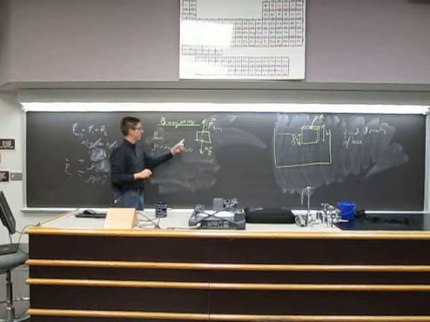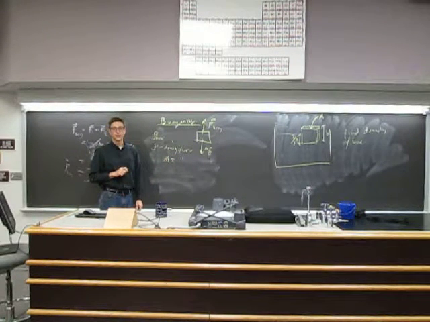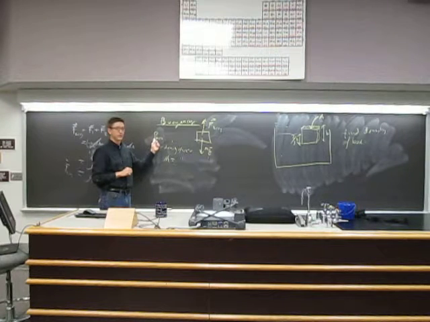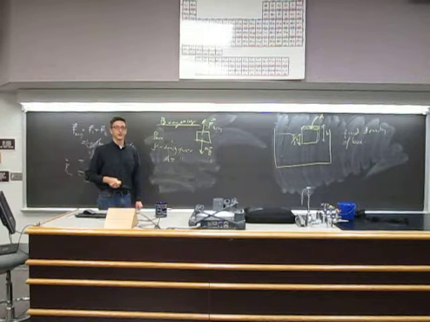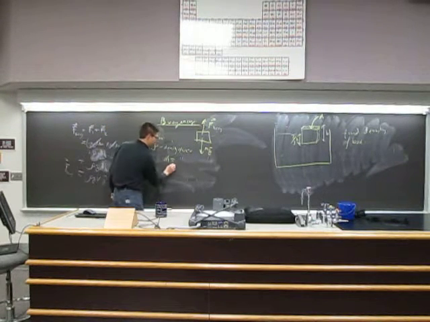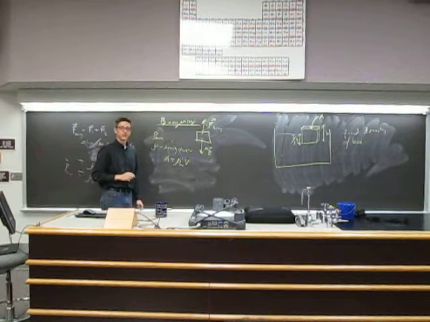So, what's this M, the mass of the object, in terms of density? What's the relation between mass and density? Density times volume, very good. So rho box times V of the box.